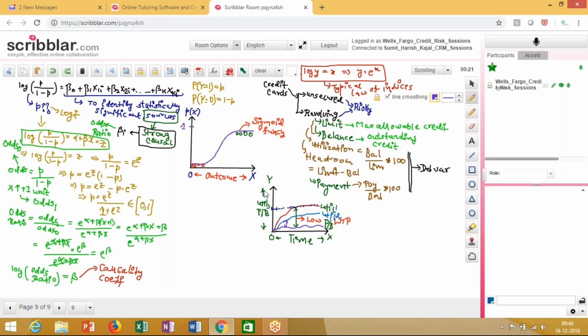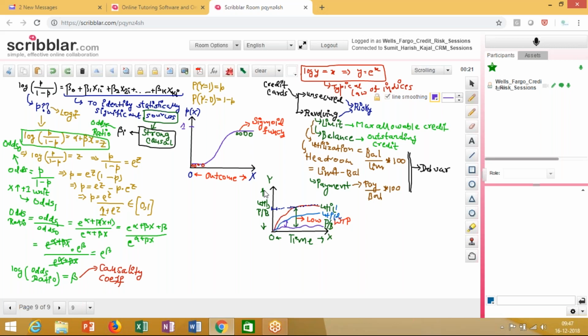So over here, we can say that any variant or any transformation of the utilization variable or the payment balance variable will help me capture the willingness of the borrower to pay, and will be an important risk driver to explain this variable. So will be an important covariate, right?